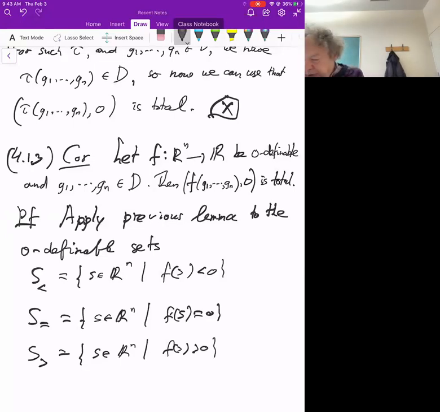So ultimately g(t) will be either in this, or ultimately in the second one, or ultimately in the third one.